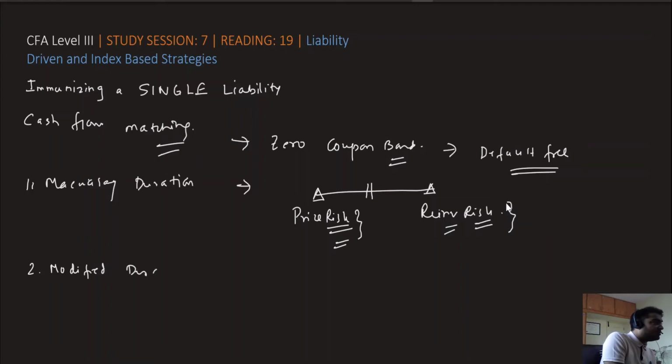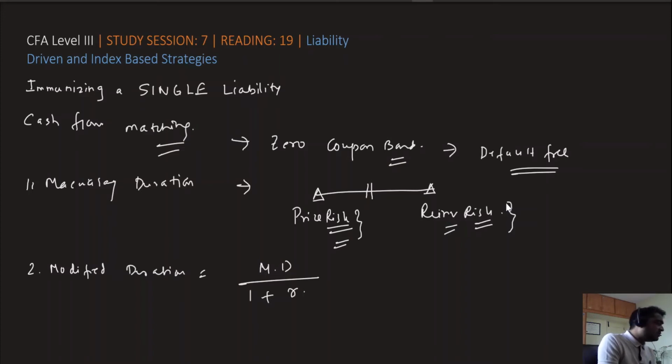It's a simple formula: macaulay duration divided by 1 plus R. In the level 3 curriculum, macaulay duration and modified duration will be used interchangeably, and you need to understand the context where each can be used more favorably, that is, which one you will prefer over the other.